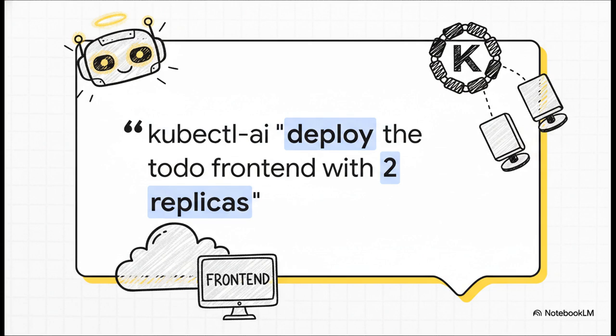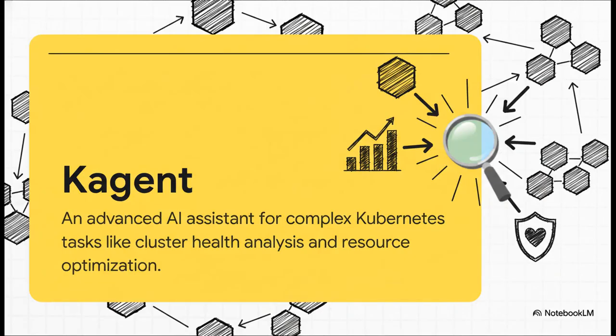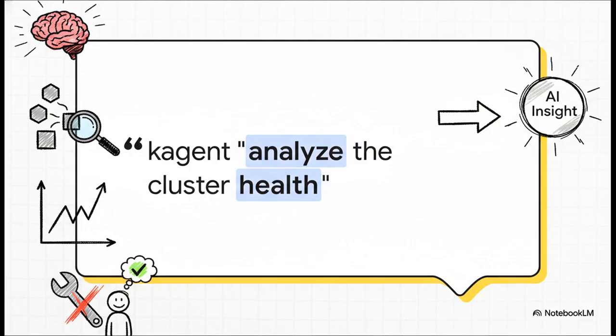It's amazing. Now, for those more advanced situations, there's another tool called Kagent. This is what you reach for when you need to go a level deeper. We're talking about analyzing the health of your entire cluster or trying to figure out how to optimize your resource usage. So let's say something's acting weird, or you just need a big picture view of what's going on.